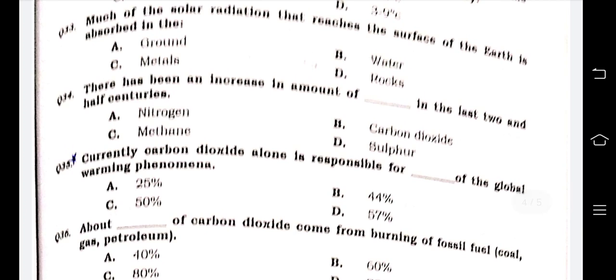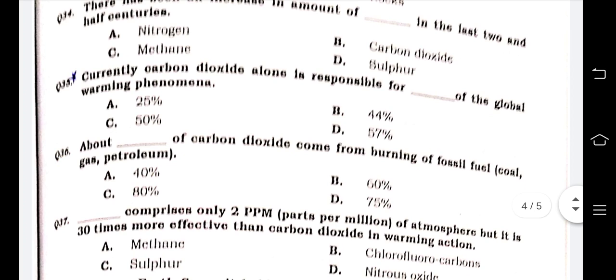There has been an increase in the amount of dash in the last 2.5 centuries. Option A nitrogen, option B carbon dioxide, option C methane, option D sulfur. There has been an increase in the amount of carbon dioxide. Option B. Currently, carbon dioxide alone is responsible for dash percent of the global warming phenomena.